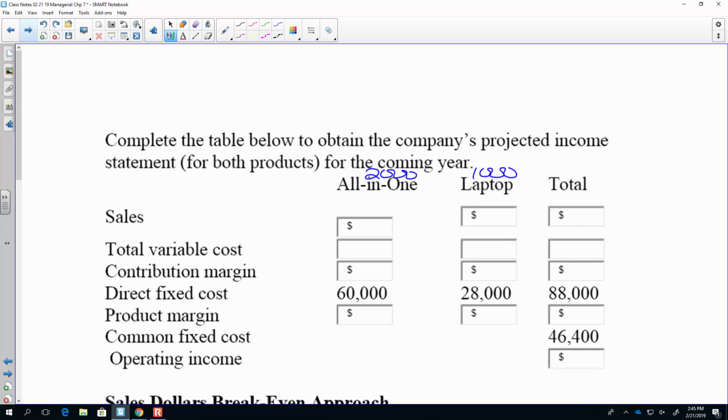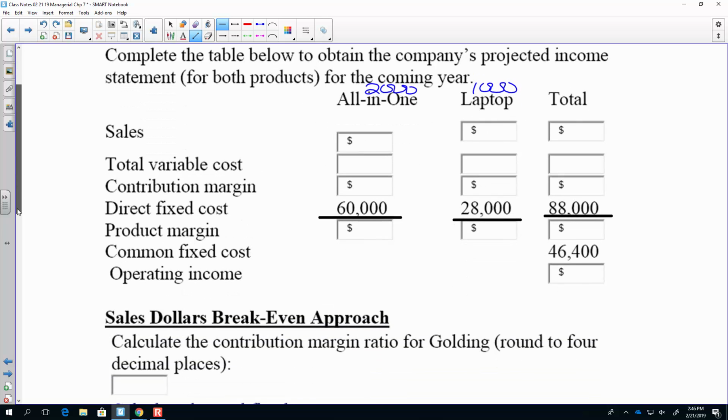Segment being all-in-one segment, laptop segment, and they want us just to create and fill this in. And there's a new line here on a segmented statement that we've not seen before. It's called product margin.